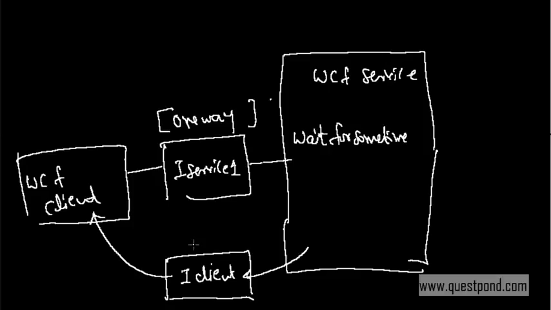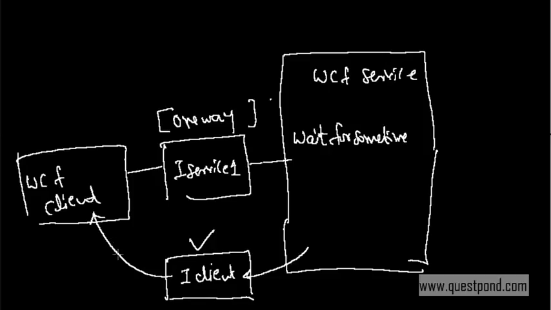So for duplex contract, we do everything we have done till now for the one-way contract. We create a simple function, mark our operation contract as IsOneWay equal to true, and in addition, we create one more interface called iClient or whatever name you want. Via this interface, the WCF server will communicate back to the client when the processing is finished.